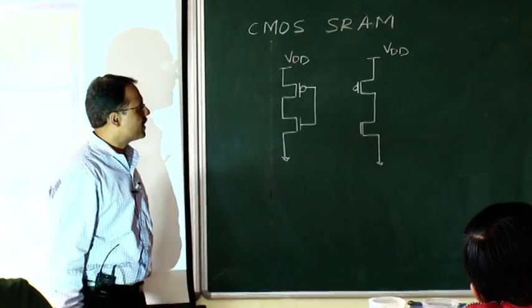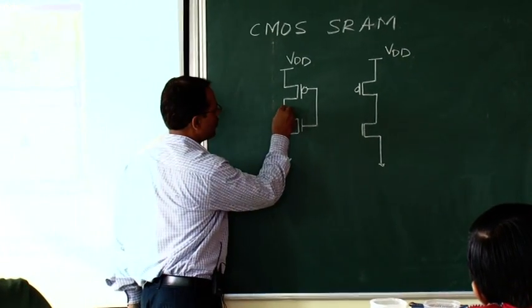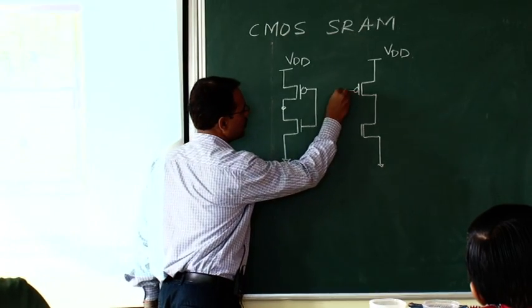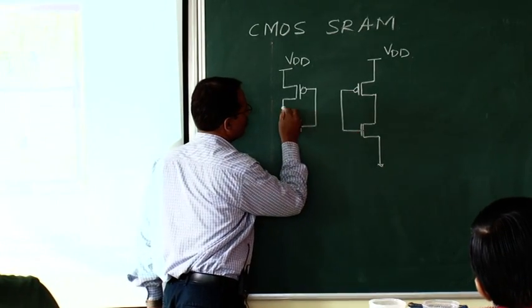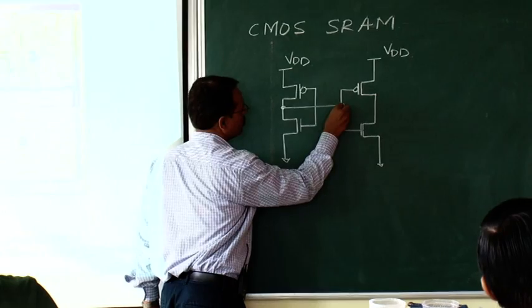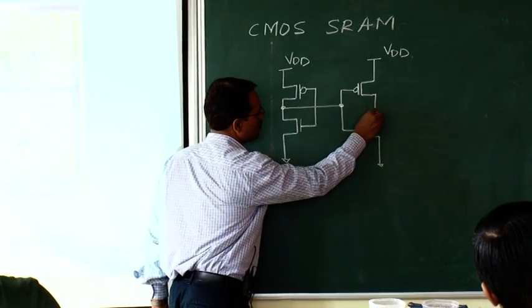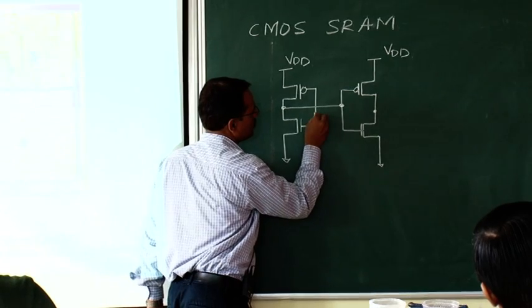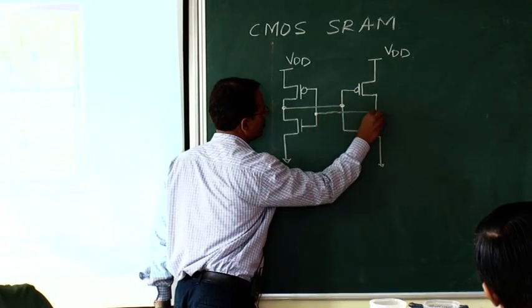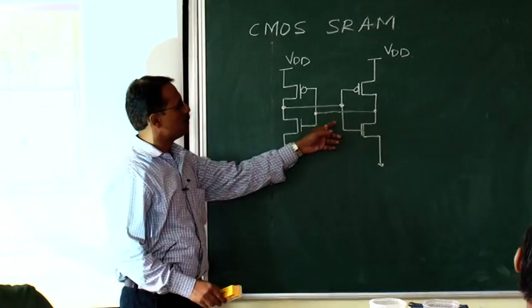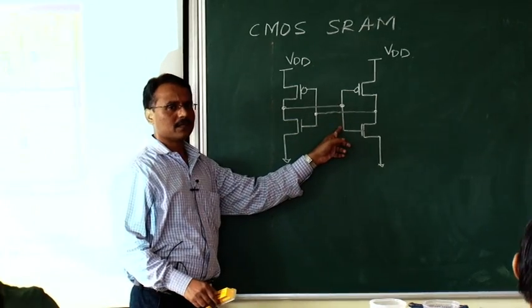There is a back to back connection, which means the output of this inverter is connected to the input of this inverter. Similarly, the output of this inverter is connected to the input of this inverter. Even though the lines are crossing, there is no connection.